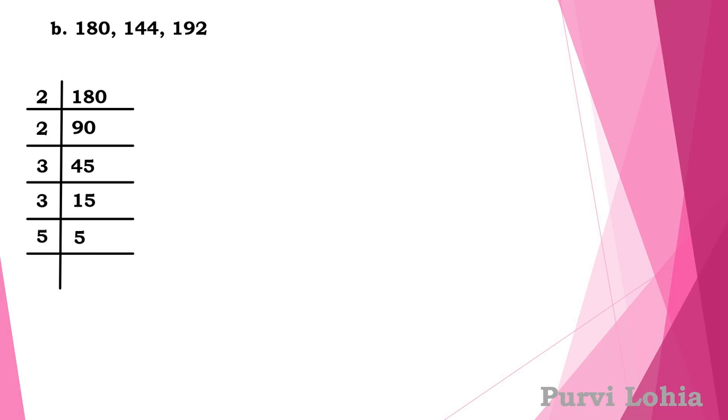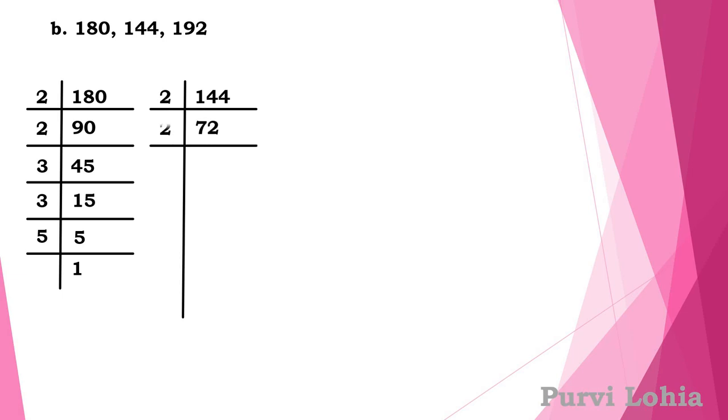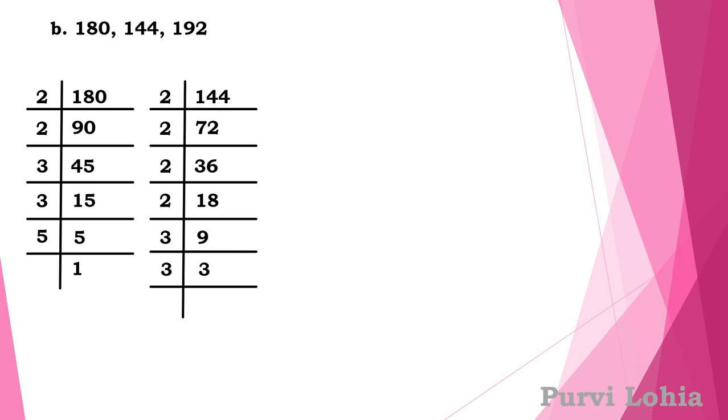And at the last we'll get 5. Okay. 144. 2, 72, again by 2, 36, again by 2, 18, again by 2, it will give 9, again 3, finally we get 1.